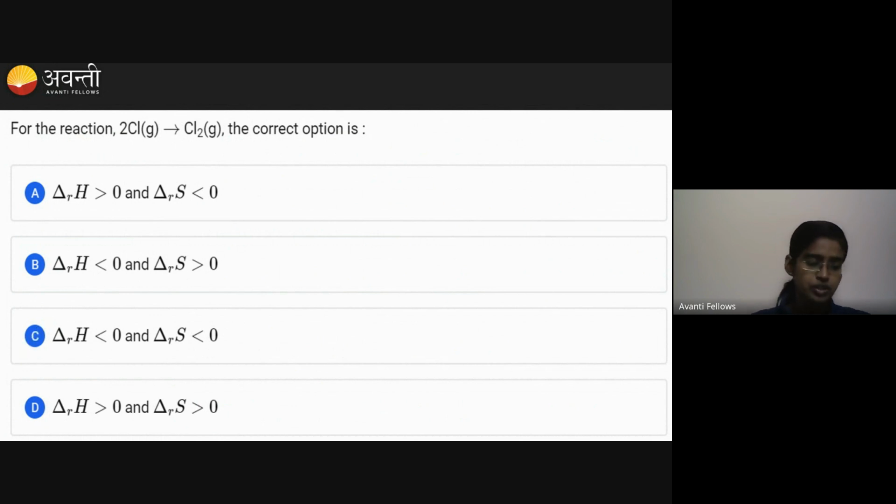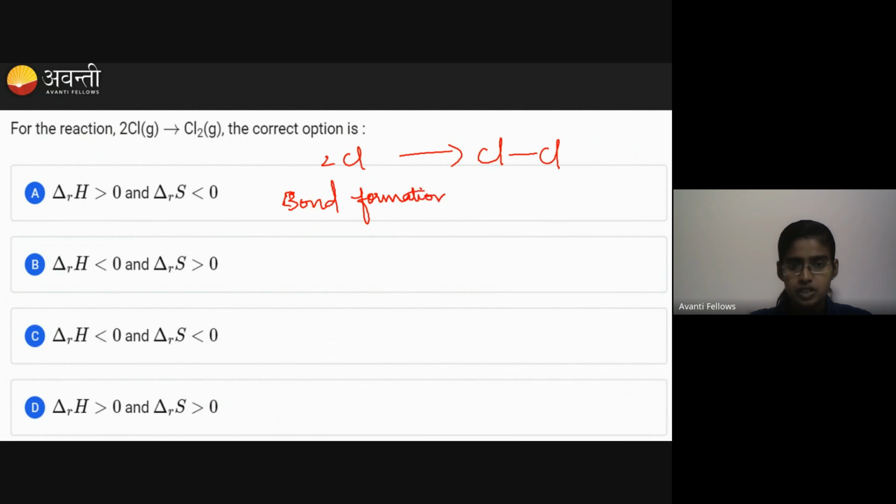Here you see it is a bond formation process. Two chlorine atoms are combining with each other and forming a bond. So bond formation occurs.